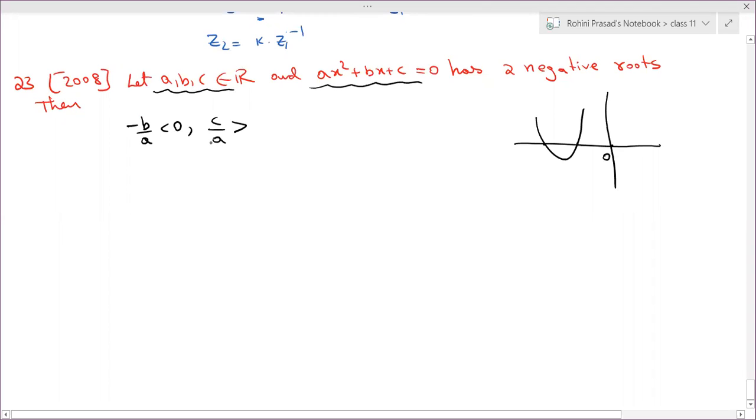So with this, can we get some information? Yeah, because with this, we are not getting exactly which one is positive, which one is negative, but we know that A, C are of same sign, and because minus B by A is negative, the B by A is also positive, so A, B are also of same sign.